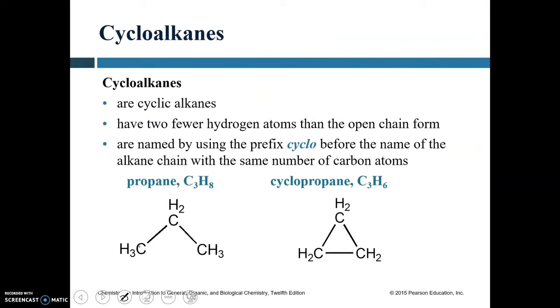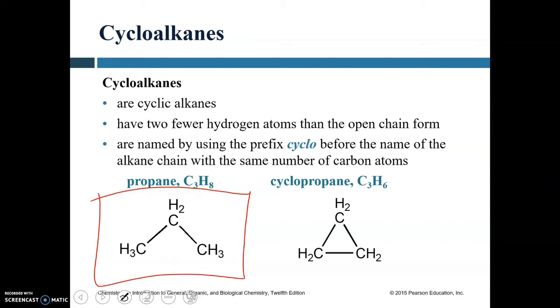Now, another group of alkanes are cycloalkanes. They form a cycle, and for instance, for cyclopropane, the regular propane will be C3H8. But when they form a cycle, they lose 2 hydrogens.